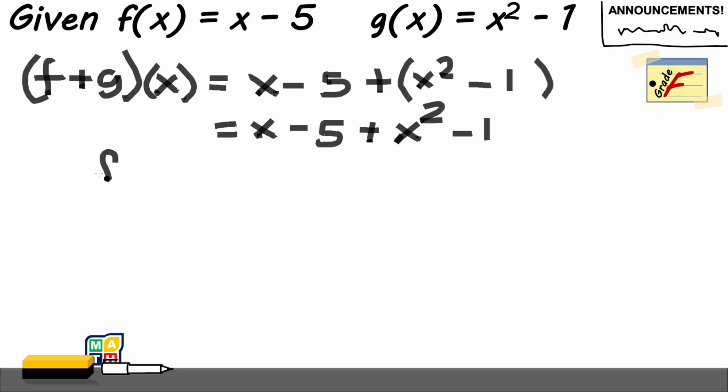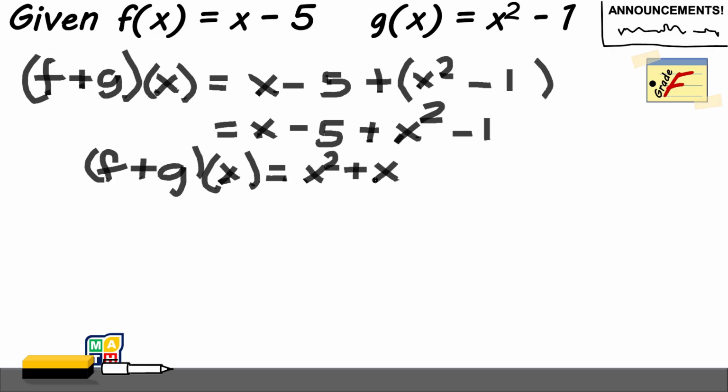And therefore the sum of the functions, f plus g of x, when we simplify these terms, we could start with x squared, arranging the terms in decreasing powers of x. You have x and you have here minus 6. So this is f plus g of x: x squared plus x minus 6.